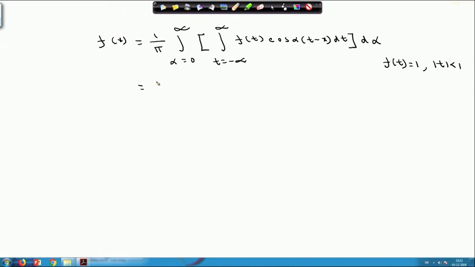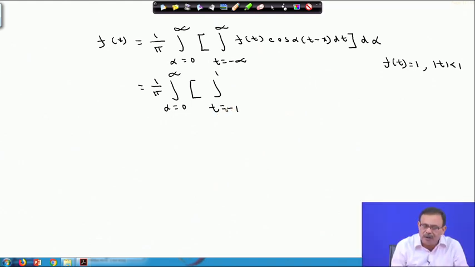In the integral, alpha from 0 to infinity remains as it is, but t will now vary not from minus infinity to infinity but from minus 1 to 1, because in all other intervals the value of f(t) is 0 for |t| greater than 1.